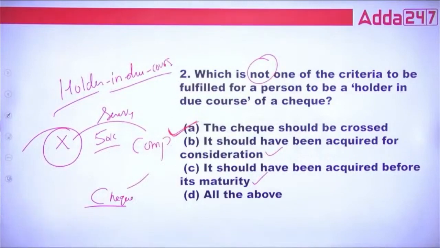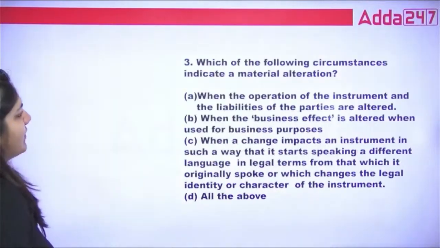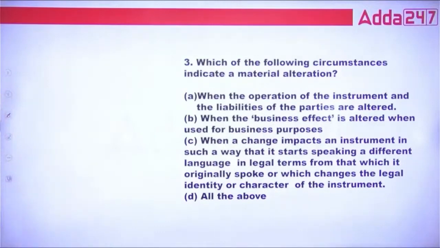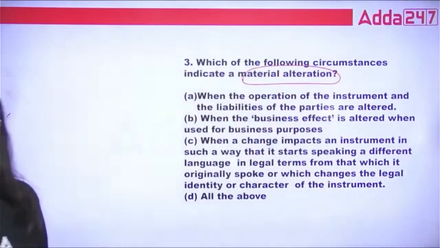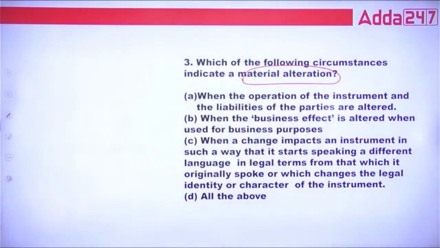Is that okay? Next. Which of the following circumstances indicate a material alteration? Material alteration means something change. First, when the operation of the instrument and the liabilities of parties are altered, when the business effect is altered, when a change impacts an instrument in such a way that it starts speaking a different language in the legal terms from that which it originally spoke and which changes the legal identity and the character of the instrument.